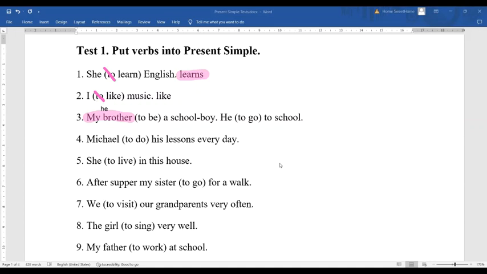Students, if we change this subject to a pronoun, what do we get here? We get, right, they. Okay, so my brother is he.